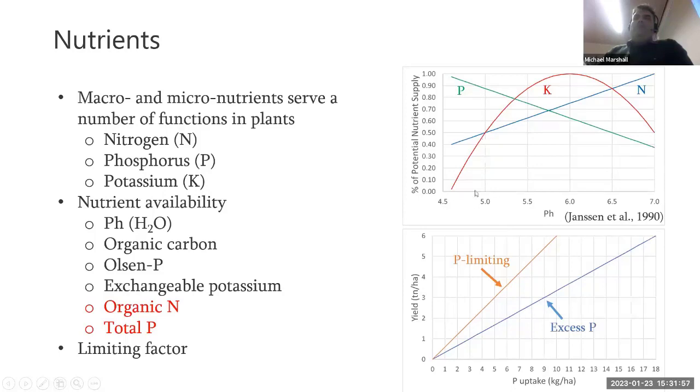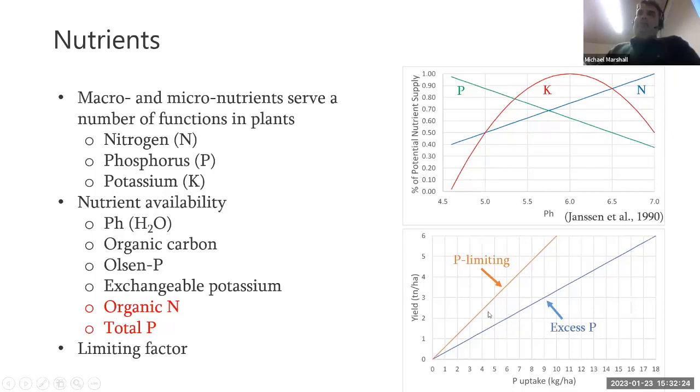You can see here, potassium, for example, as pH goes from low to high, it tends to increase the amount of potassium, but then as pH gets very high, the K goes down, whereas phosphorus and nitrogen have opposite relationships. At low pH, nitrogen is high, and P is high, the phosphorus, and the opposite is true for high pH.